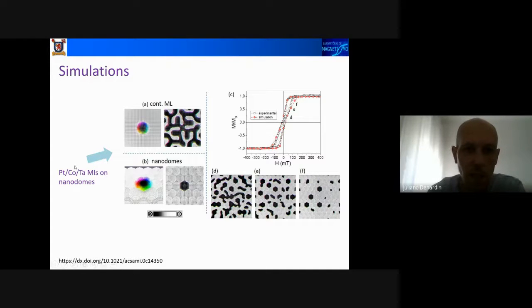We see that in the continuous film, we nucleate a skyrmion, we remove the field, and the skyrmion grows into several stripe domains. If we stabilize a skyrmion on the nanodome, we remove the field, and the skyrmion stays stable on the nanodome like this, because the borders of the nanodome prevent the skyrmion from growing into stripe domains.